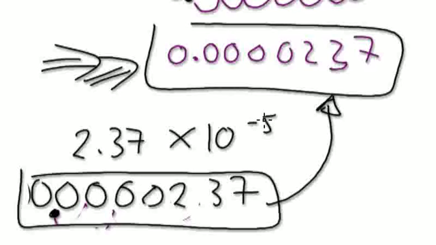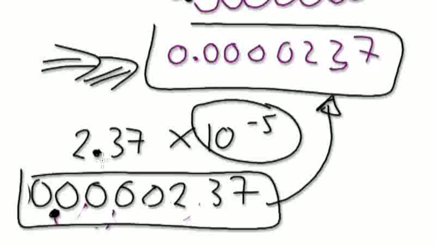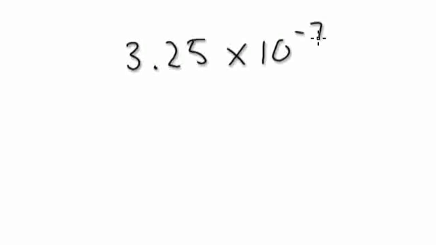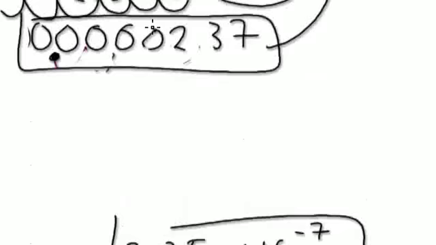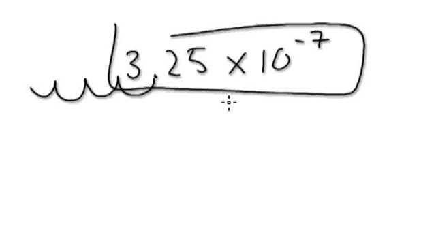You see this number here is the same as this number up here. So what I'm trying to say is that when you get given something like this, you are in effect moving the decimal 5 places to the left, or if there's no minus, you move it to the right. So if you get given a number and then times 10 to the power of minus 7, you are in effect moving this 7 places to the left. Well, if you don't understand why, then do what we did earlier. Take it one step at a time.